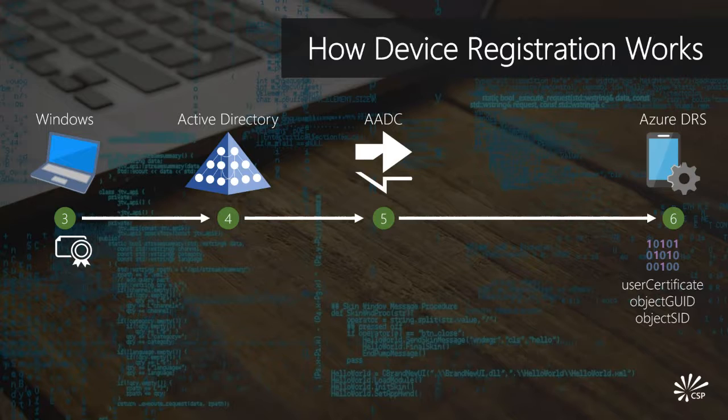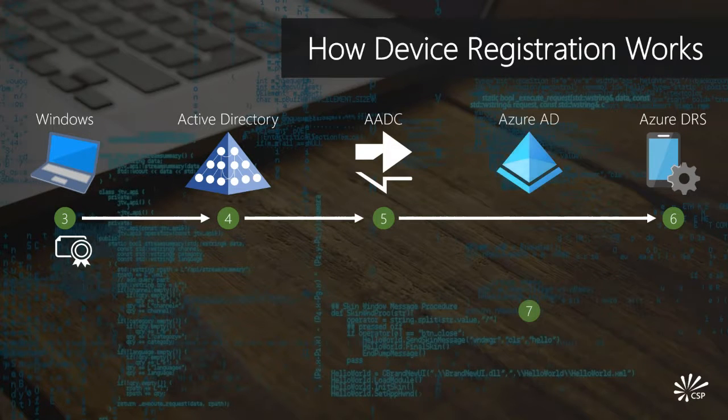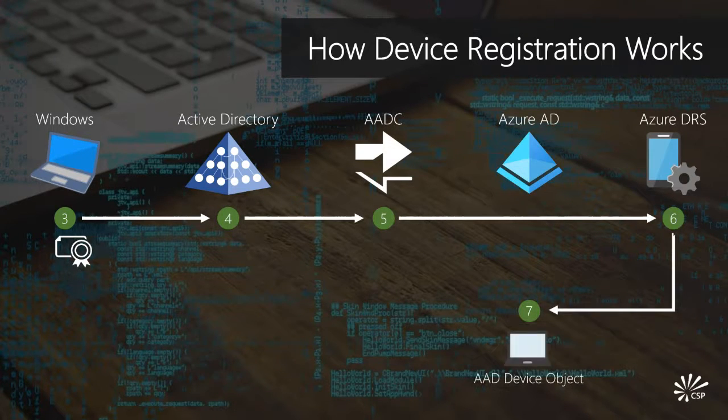But if this is an existing device that's already been synchronized in the past, this really just updates that existing object in Azure AD to include the new attribute value for the user certificate. This makes Azure AD aware of the self-signed certificate value that was generated by Windows a few steps earlier.